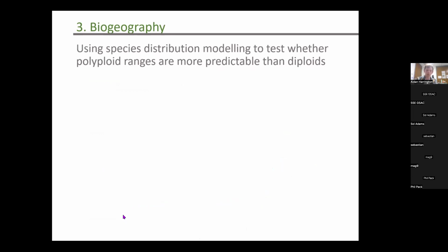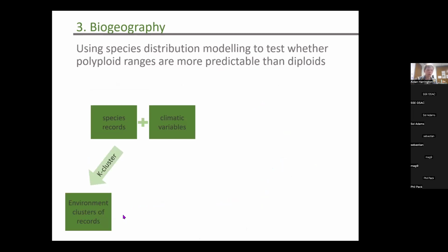So we used species distribution modeling to test whether polyploid ranges are in fact more predictable than diploids. The way we did that is by taking species records and climatic variables, clustering them using k-means clustering, building species distribution models using Maxent, which is a common SDM algorithm, with only those clusters, and then testing those models on the full range of the species in question.